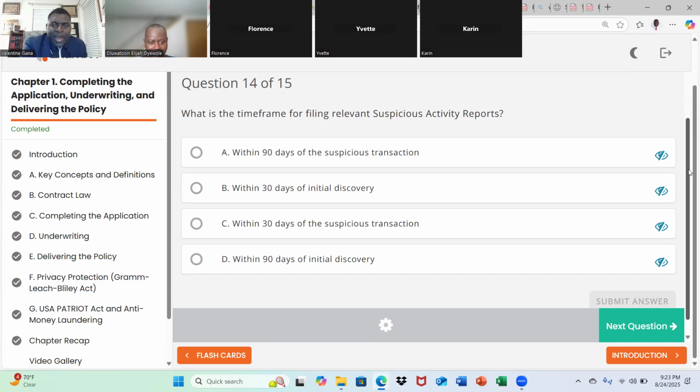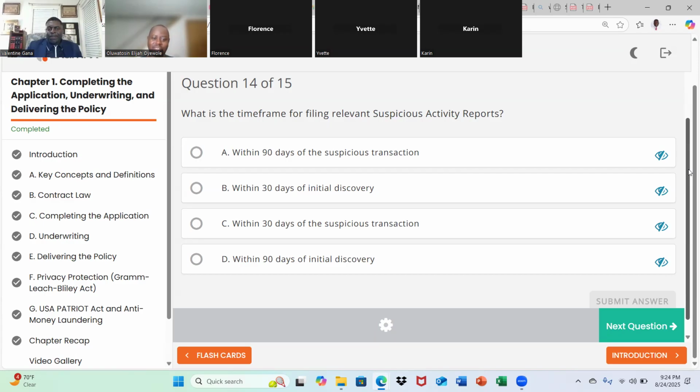So what is the time frame of filing suspicious activity reports? Well, within 30 days of initial discovery. Oh, it's 30 days of initial suspicious transaction. After you notice the suspicious activity, then you have to file. What answer do you guys think it is?